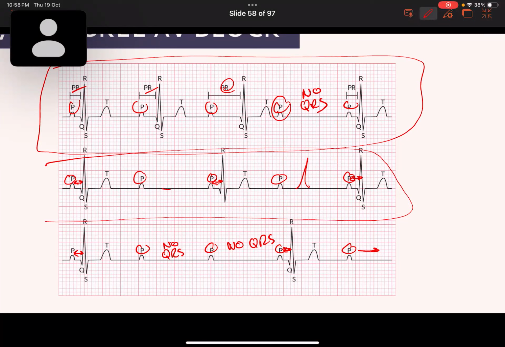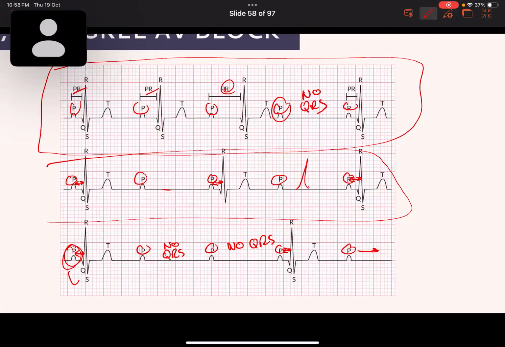So since some of the P waves are actually conducting the electricity to the ventricles, this is most likely a second degree. Why is it not third degree then? The reason is that if you look at the P waves, some of the P waves are actually followed by a QRS complex, meaning that there is some electrical impulse that is passing through this AV node.